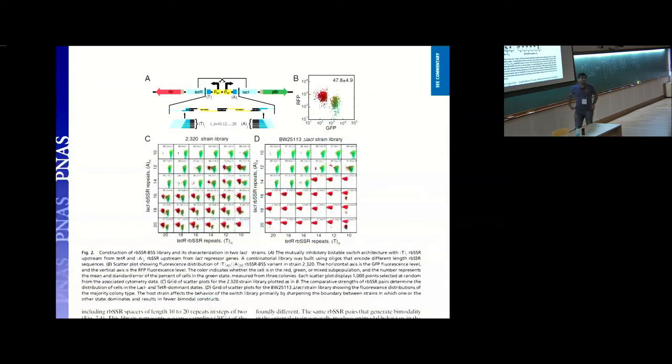I see. So, if I understand, just for clarification, what this shows is that you don't have to make any changes in the transcription of the A's and B's themselves. Exactly. You just have to change the number of repeats appearing in the promoter region.